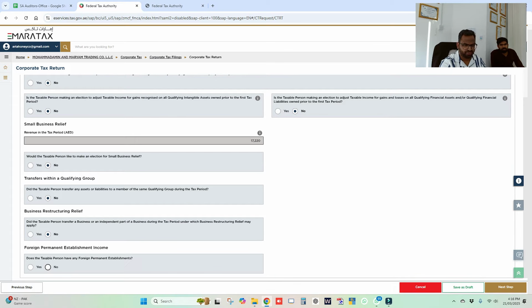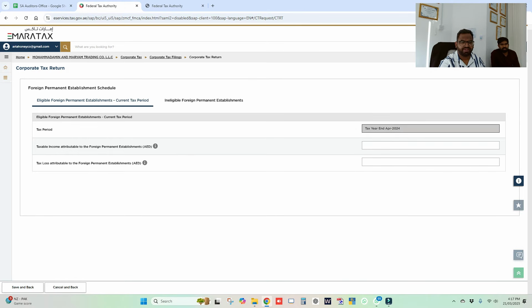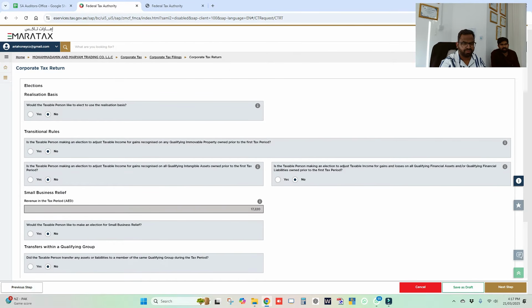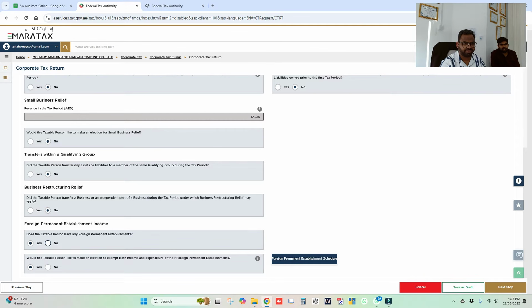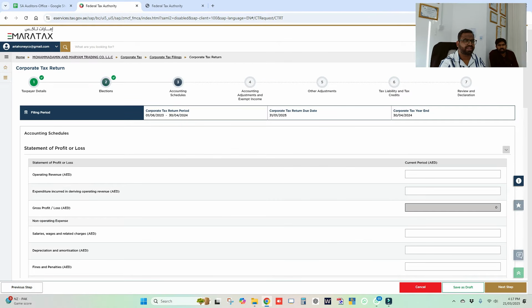In this case, no. If we select yes, one more question will come: would the taxable person like to make an election to exempt both income and expenditure of their foreign permanent establishment? If yes, they will ask for the foreign permanent establishment schedule. Okay, we will go back. In this case, we don't have any foreign establishment, so no. Okay, this second election is done.